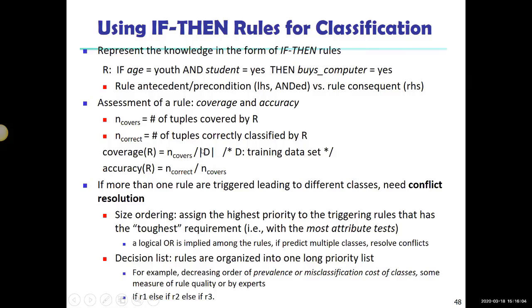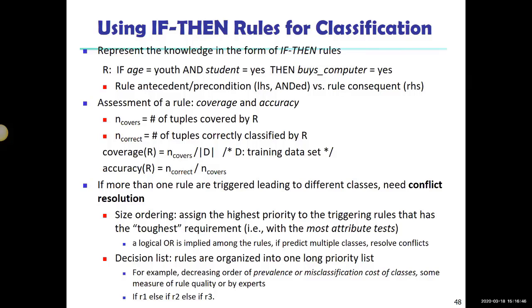Coverage is, among all the tuples, all the observations, how many observations are covered by this rule. It may not be classified correctly, but it has been covered by this rule, meaning this observation actually meets the requirements of the precondition. So those are covered observations. Accuracy, on the other hand, is among all those covered observations, how many were correctly labeled. So coverage and accuracy are two basic metrics to assess the quality of a rule.